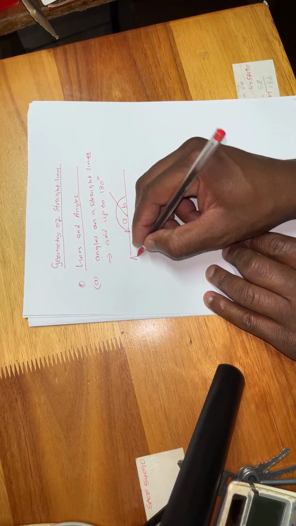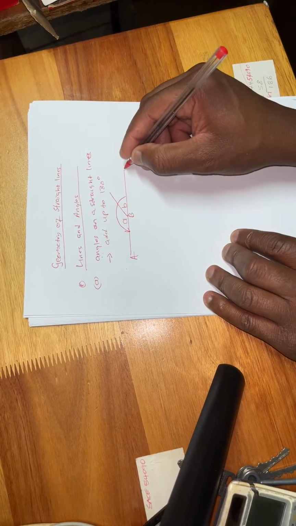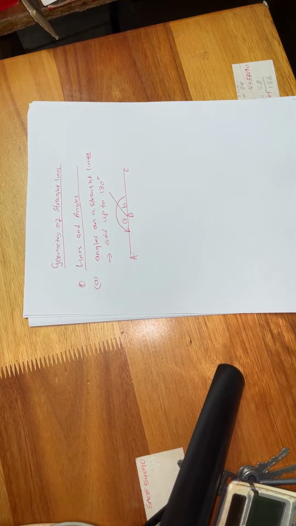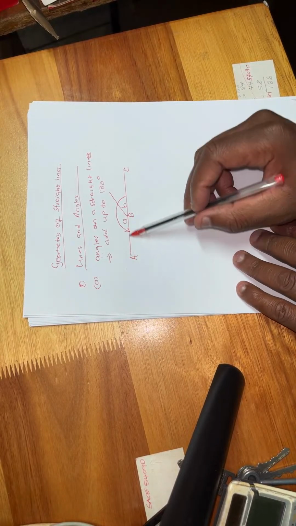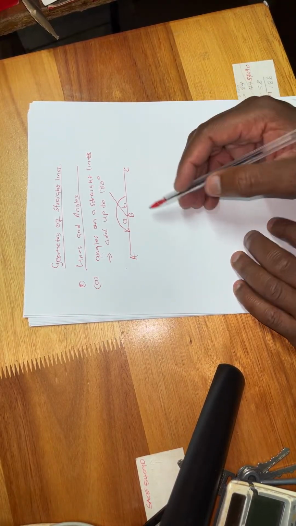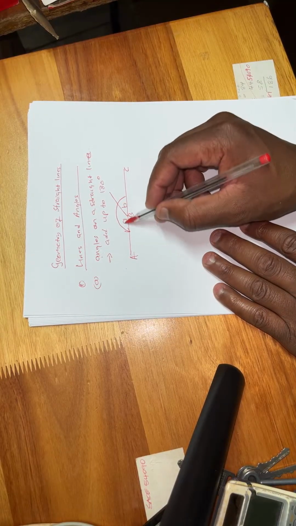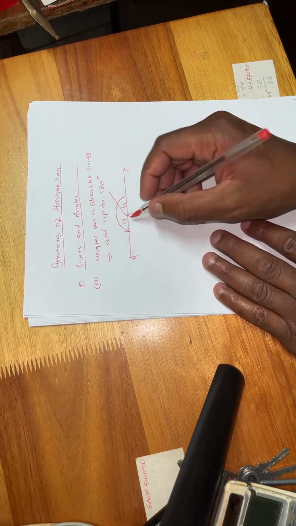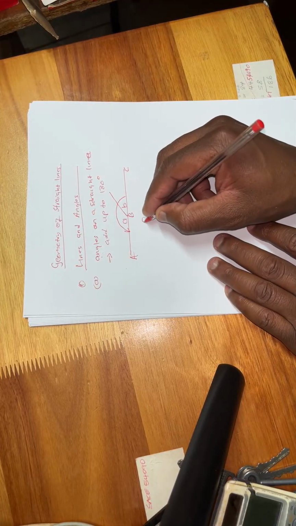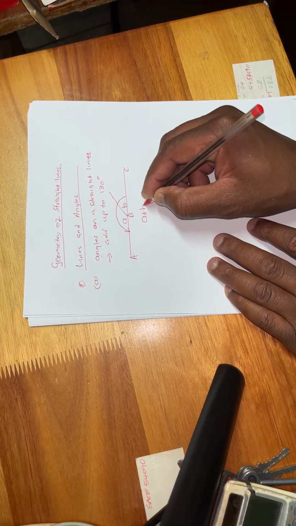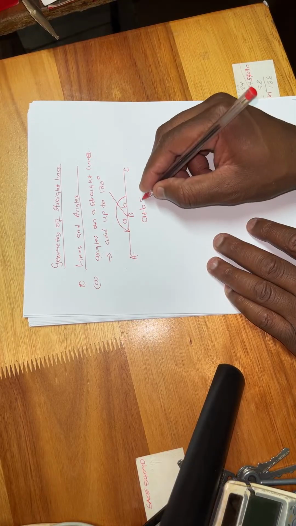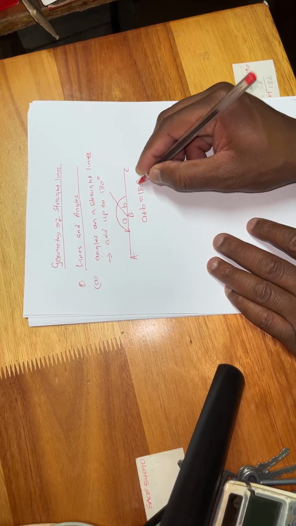Straight line A, B, C. Loko hi ri na ti-angles on a straight line A, B, C, ku nga small letter a and small letter b, hi tirhisa ti-variables letiyani. So hi ta fika hi ku yini laha? Hi ri angle A plus angle B, it is equal to 180 degrees.